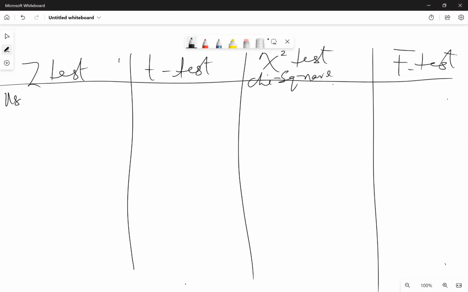Okay, let me start by saying, before I even talk about that, the one that is more important: the Z test is a parametric test. The T test is a parametric test.